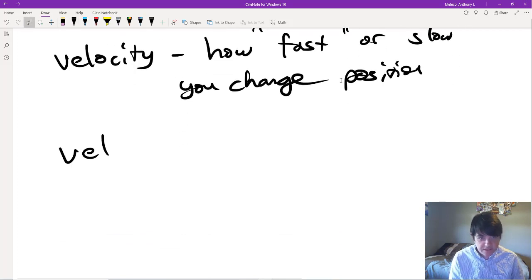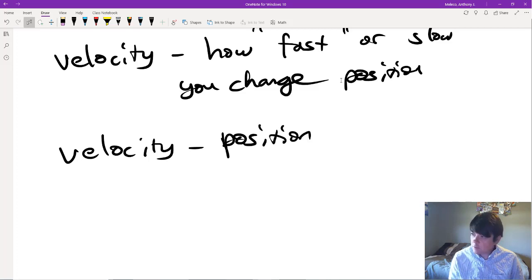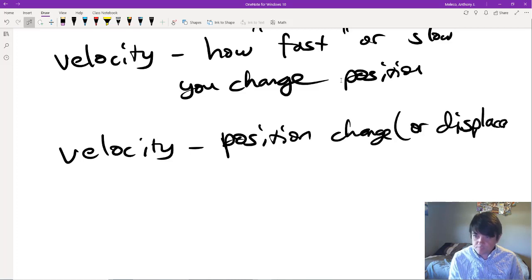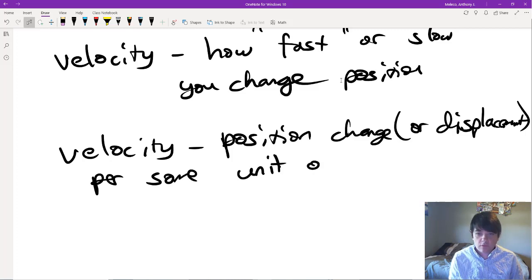So velocity is position change or displacement per some unit of time.